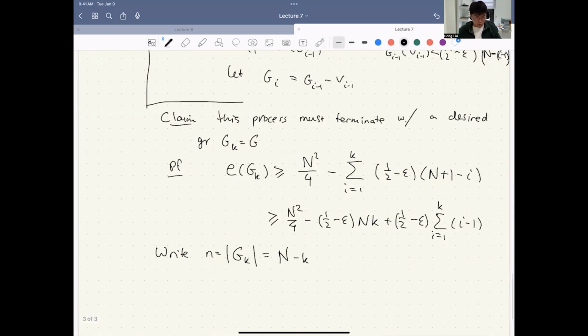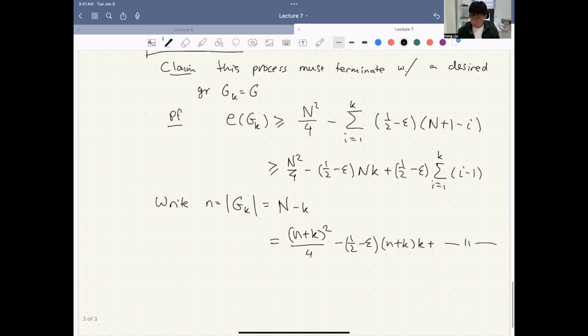Now you rewrite this, and plug it in there, and it's the same term, no change.